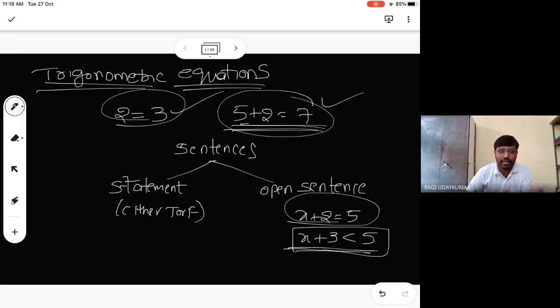Now, coming to the trigonometric equation. What is meant by trigonometric equation? An equation involving the trigonometric functions of a variable.